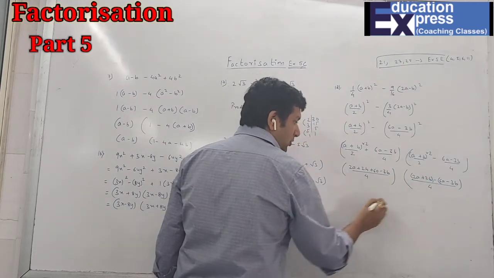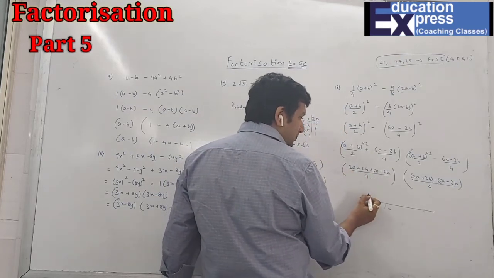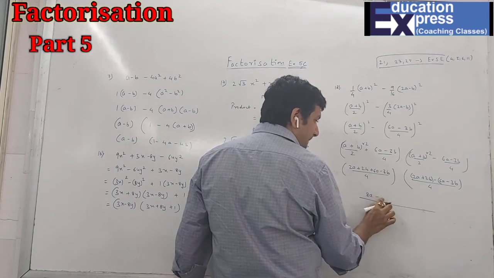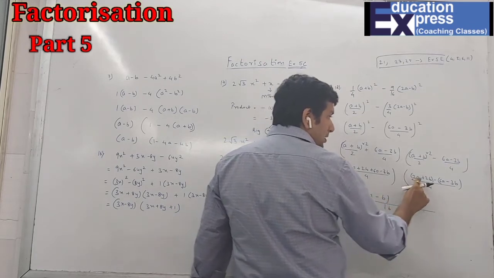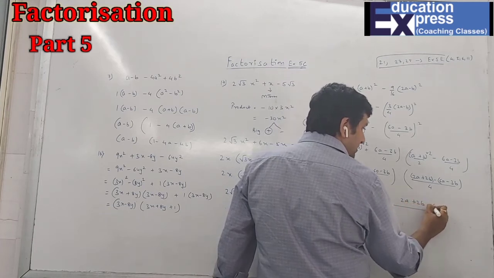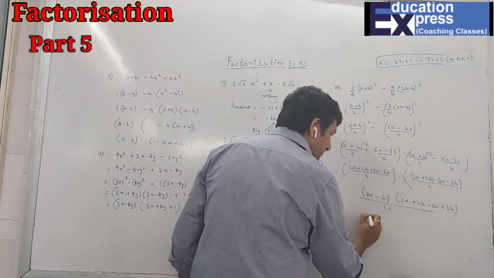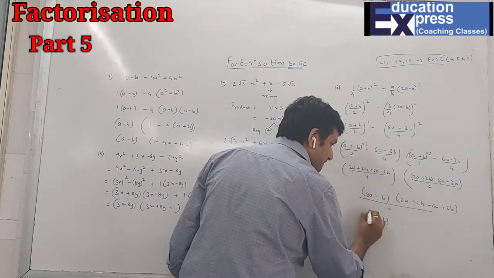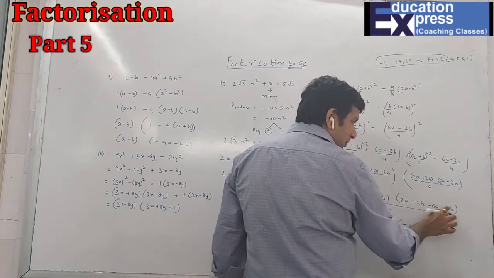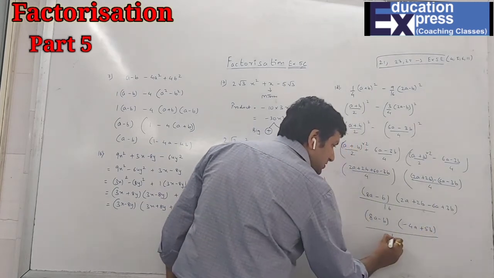So 4 into 4, 16, 2a plus 6a, 2b minus 3b. 2a, I'll open the brackets first, plus 2b minus 6a plus 3b. 2a minus 6a is minus 4a and 2b plus 3b is plus 5b upon 16.